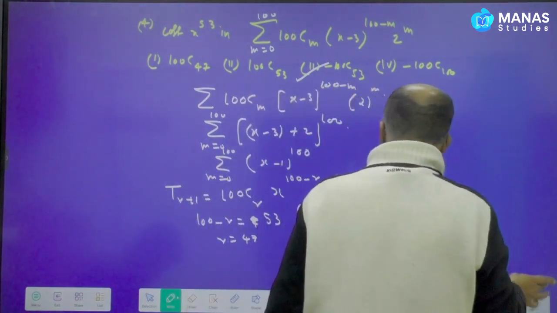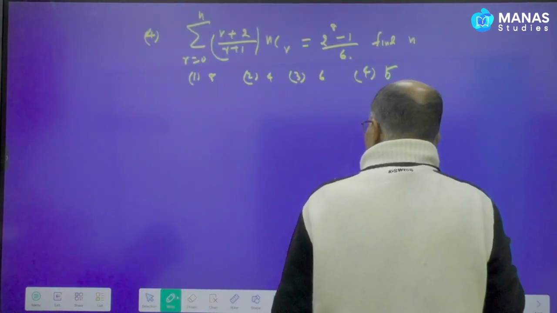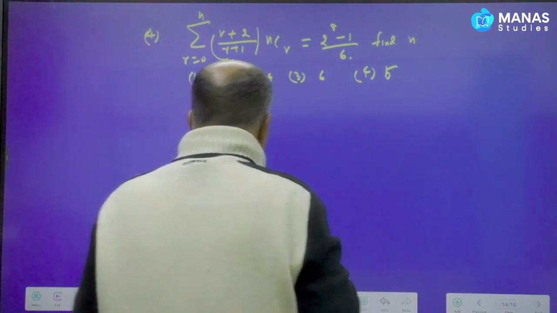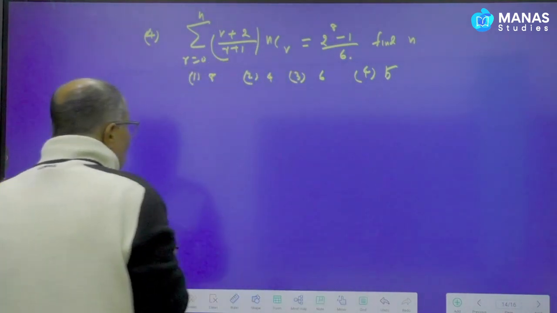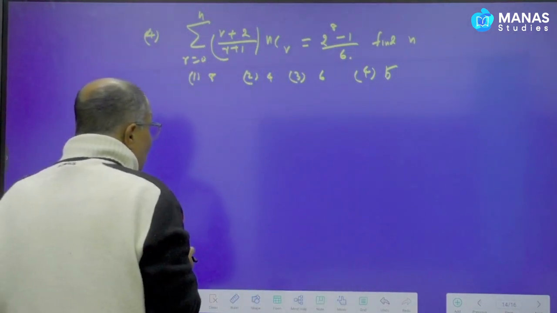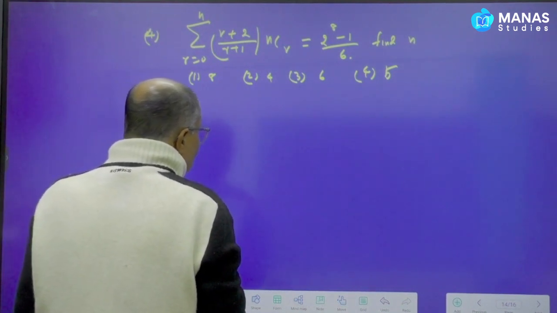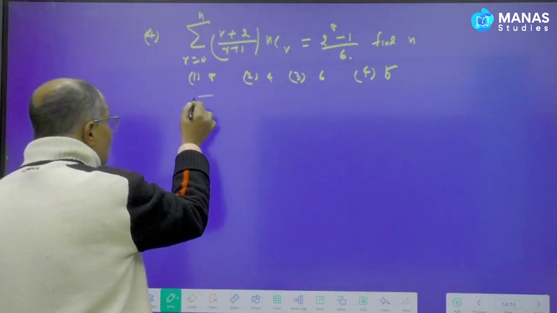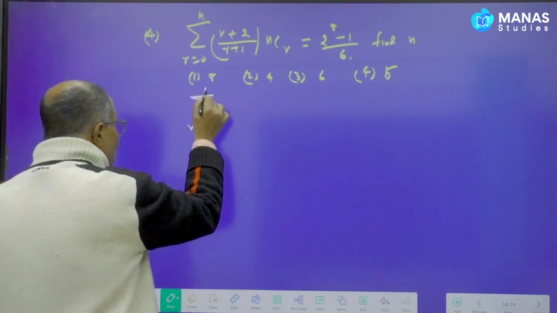Now the next question. Fourth question is on the board. Sigma (r plus 2) divided by (r plus 1) into nCr equal to (2 power 8 minus 1) by 6. Find the value of n. Sigma r is equal to 0 to n.